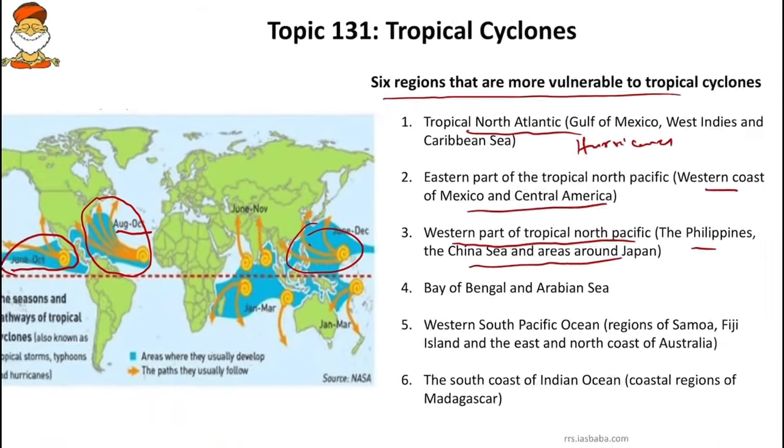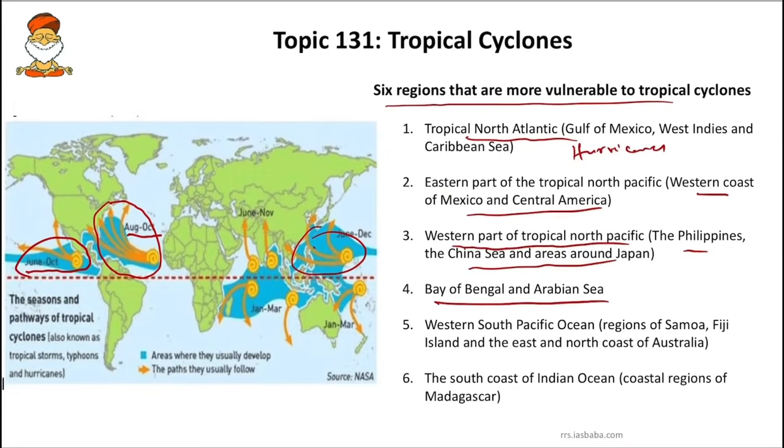Next important areas, as we already know, are Bay of Bengal and Arabian Sea, and the Western South Pacific Ocean, that is the regions of Fiji Island, north coast of Australia, Samoa, etc. And then the south coast of Indian Ocean, that is the coastal regions of Madagascar. These are the important areas, and I have given some important content related to them in your RaRe notes. You can read and revise those.